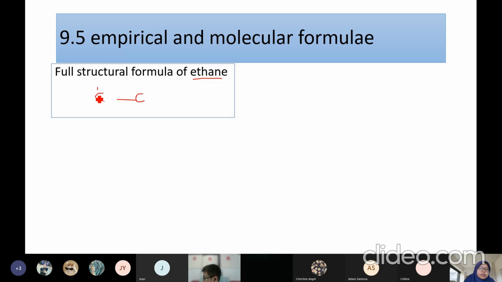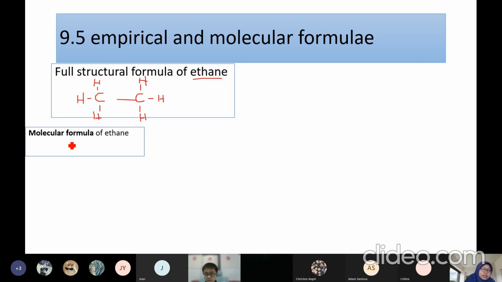Carbons and hydrogens. So from this full structural formula, we can write the molecular formula of ethane.